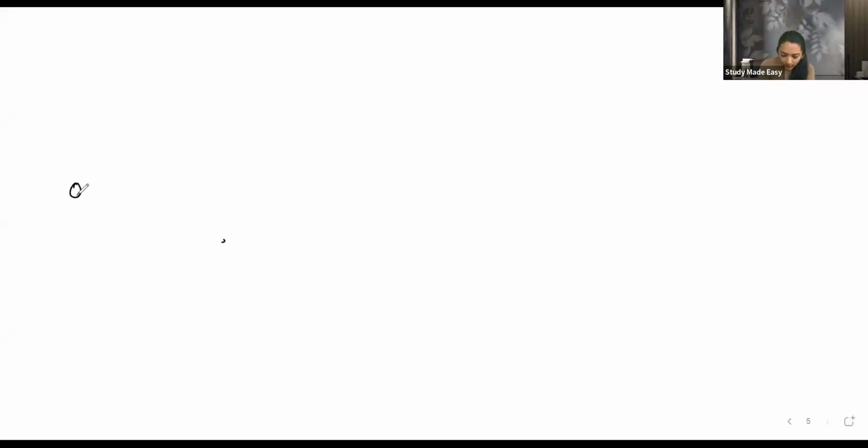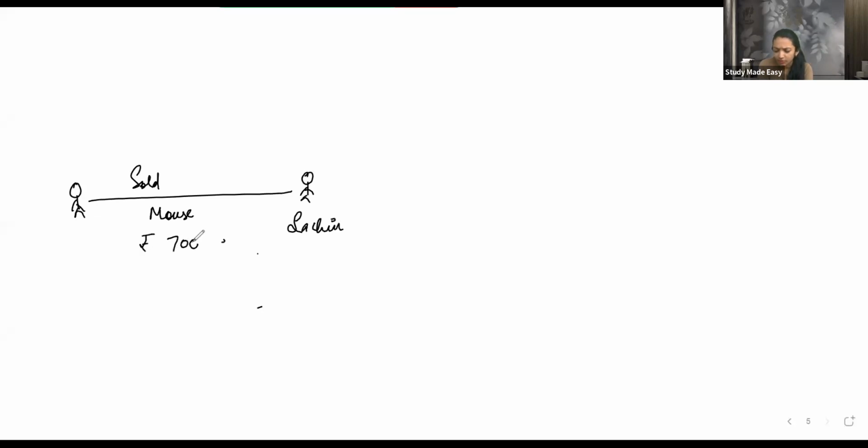This is me. I have sold this mouse to Sachin. This is Sachin. I charge, suppose, 700 rupees from him. So this is my business asset.